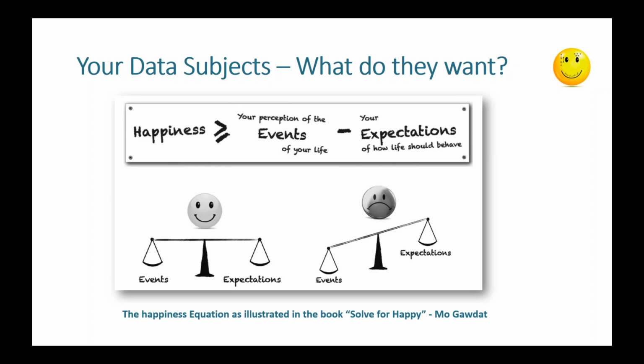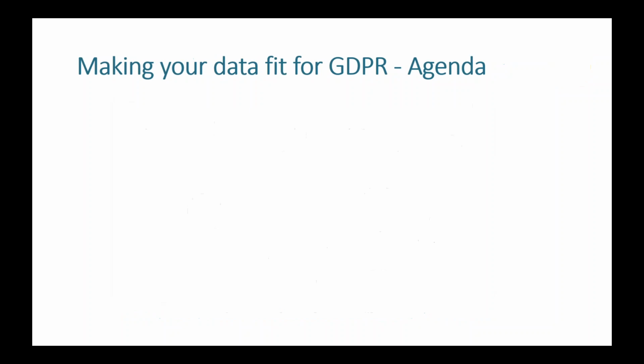It's a book called Solve for Happy, where he came up with a happiness equation, which, as you can see on screen, basically if the events of life are greater than or equal to your expectations, you're happy. And if your expectations are not met, then you're unhappy. So for me, it's as simple as these data subjects expect us to look after their data. They require us to look after their data. And if we don't, they're going to be unhappy. So it really boils down to as simple as that.